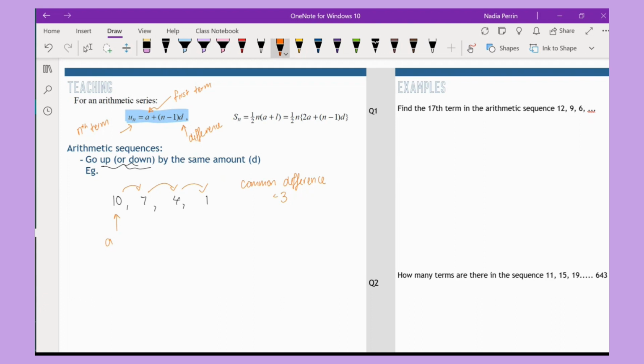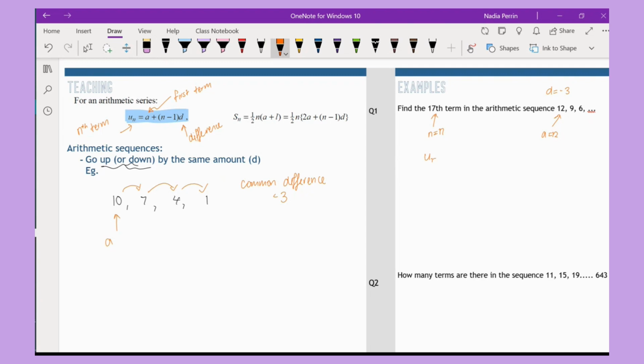So the first thing I do when I look at a question is identify the key elements of it. So for example, here, I know that A is 12. It's going down by 3. So D is equal to -3. And 17 is going to be my N. So then I'm just going to plug into the formula.